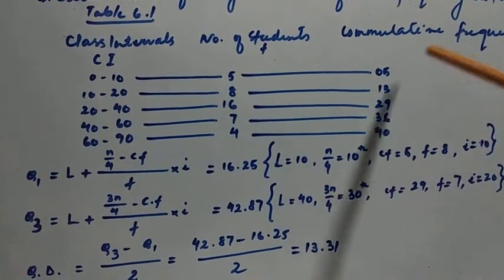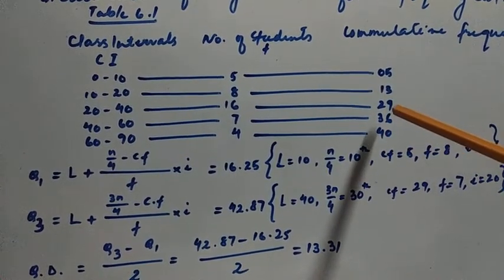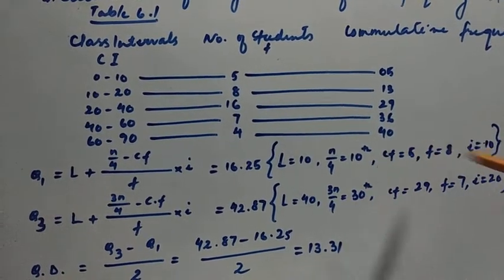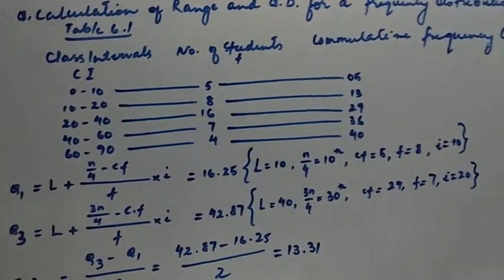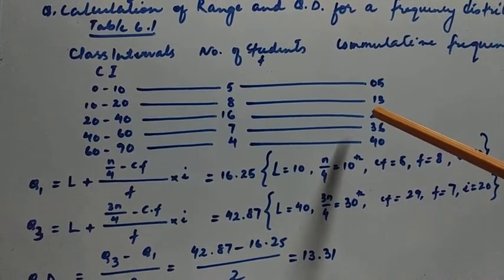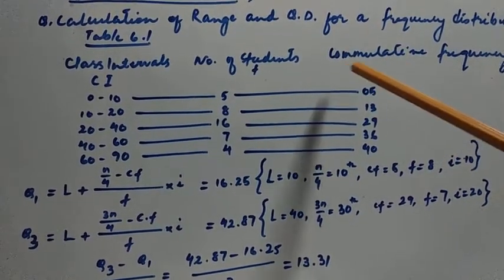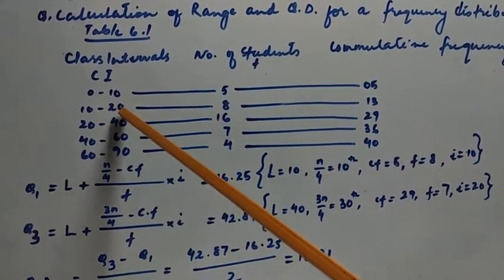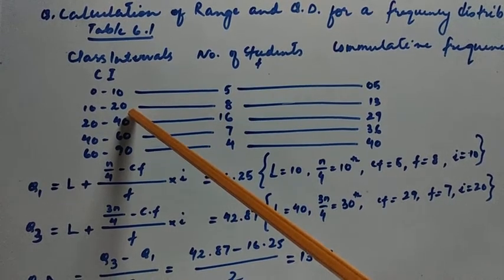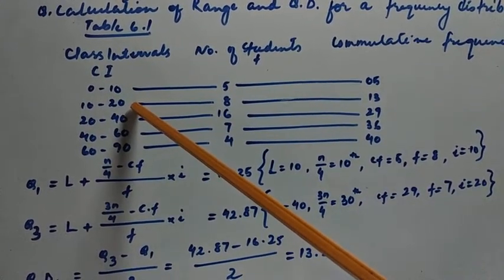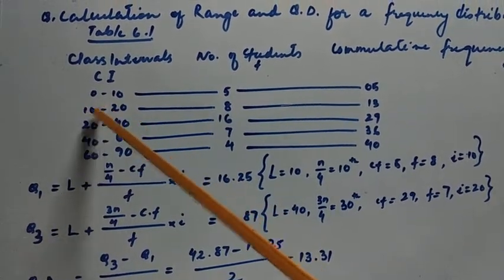CF is the cumulative frequency. This 10 to 20 is the quartile class.